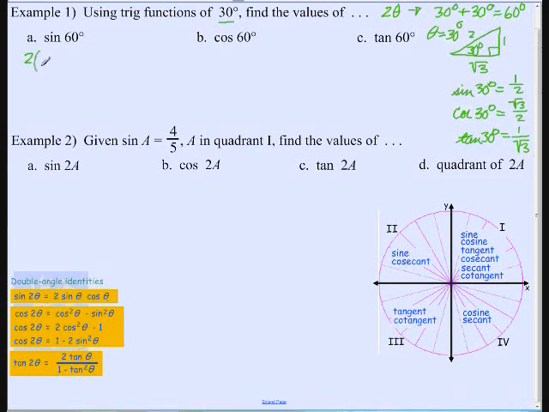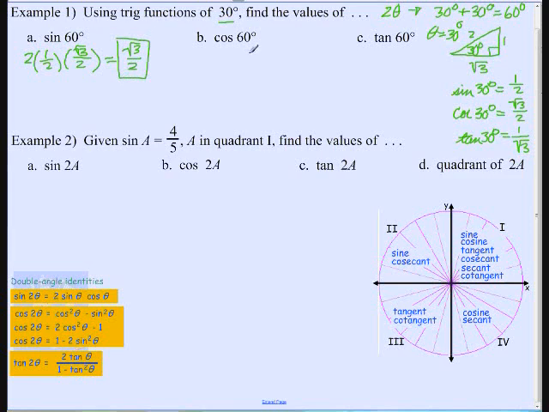So I've got 1 over 2, the square root of 3 over 2. So 2 times 1/2 is 1. So I end up with the square root of 3 over 2 for this one.